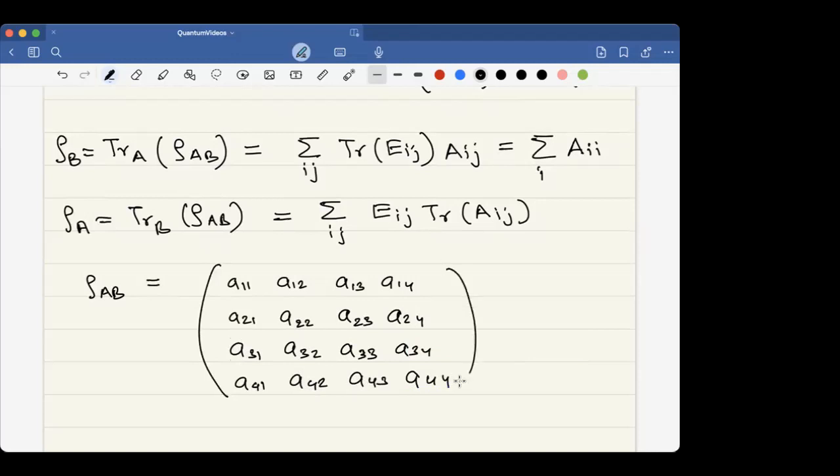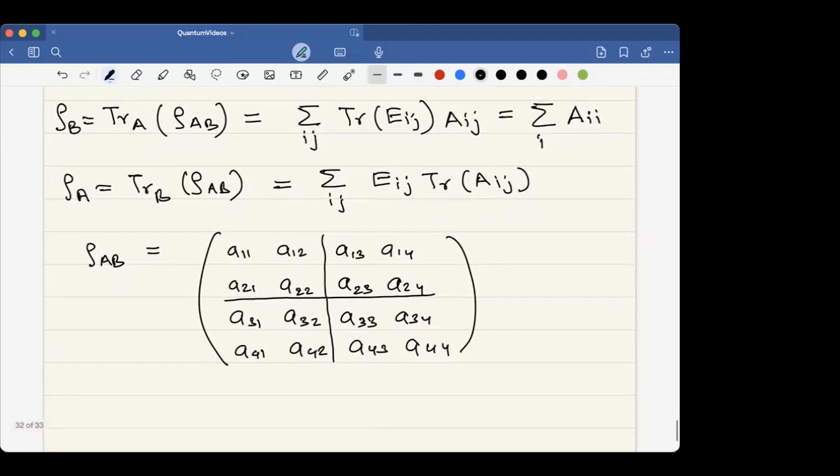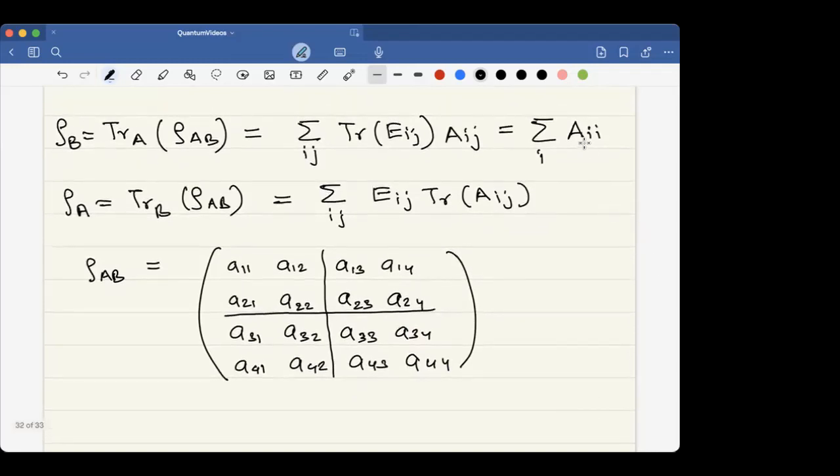So now, suppose I have this density matrix, then if I look at these block matrices, to compute rho B it's just the summation of Aii. So look at this equation. Rho B will be capital A11 plus capital A22.